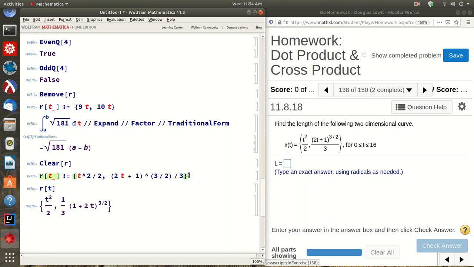Now, what makes the integration kind of tricky is that you're dealing with a square root. You guys remember from Calculus 2 that in order to solve a lot of those problems where the integrand has a square root, you're going to have to refer to a table of integrals, or use a complicated trig substitution. That's just too much work.